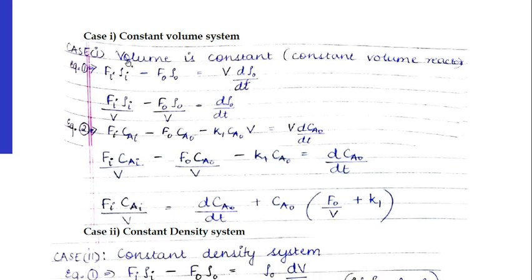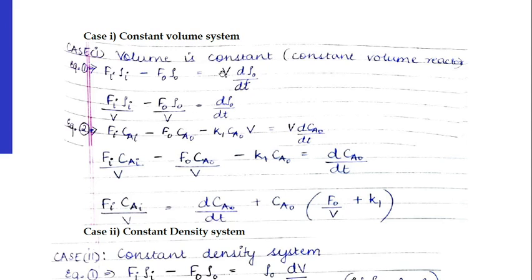If we take a constant volume system, let me take three different cases here: one is a constant volume system, another a constant density system, and the third where volume and density are the same throughout. If the volume is constant, what will happen? In the differential term for the accumulation, the volume comes out, so I can write the volume outside of it.